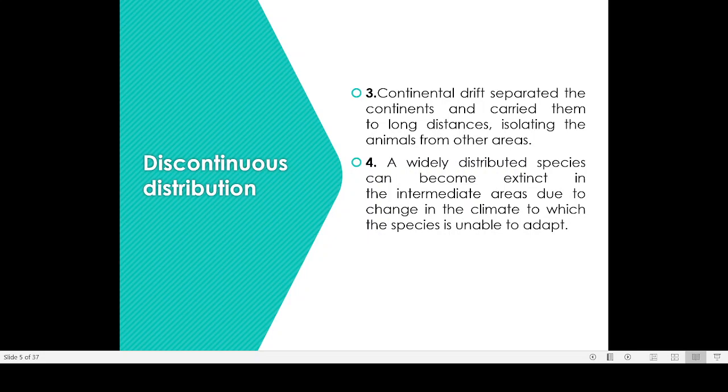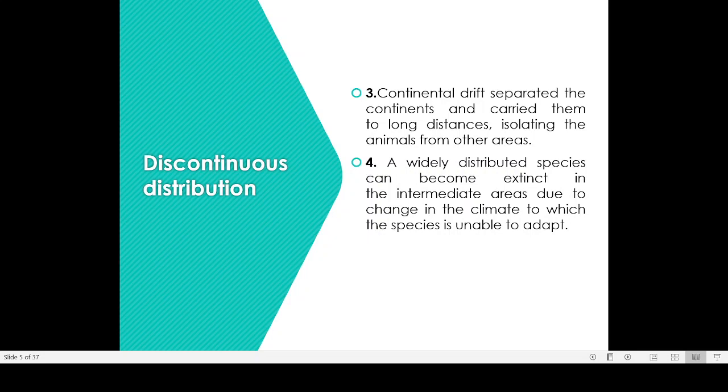Right now, the elephant present in Africa belongs to the genus known as Loxodonta, whereas the elephant present in Asia belongs to a genus known as Elephas. Elephas maximus is the scientific name of the Asian elephant, whereas the African elephant is known as Loxodonta africana. They have gradually developed more differences, but they still retain the basic features.